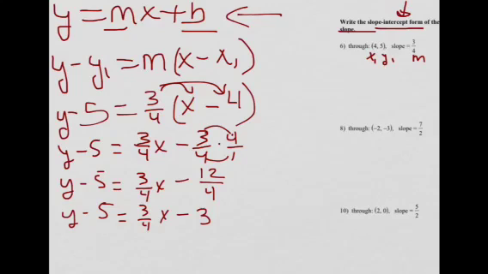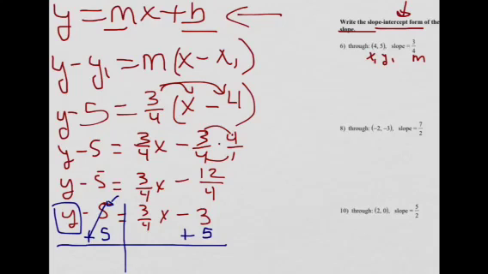We're not done yet. Remember, we have to solve for y, which means we have to box the y. Draw your street. Who didn't make it inside the box? This guy right here, that minus 5. So what undoes subtracting 5? Adding 5. I have to add 5 over here too, adding friends to friends, so he's friends with the minus 3. To simplify, negative 5 plus 5 is 0, so we're left with y equals 3/4 x.